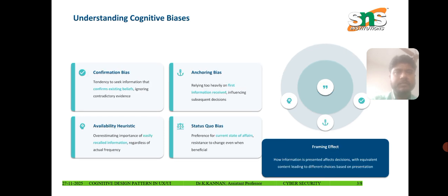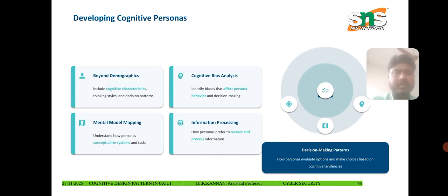Next is developing cognitive personas, which goes beyond demographics to include cognitive characteristics like thinking styles and decision patterns. Next is cognitive bias analysis: identifying the biases in different persona behaviors and decision making.